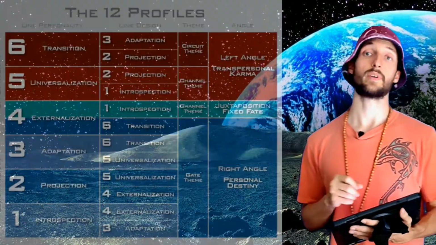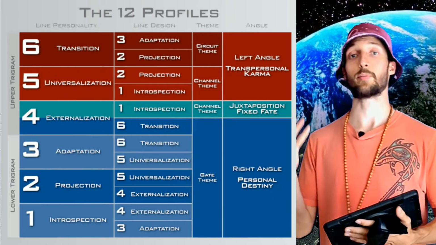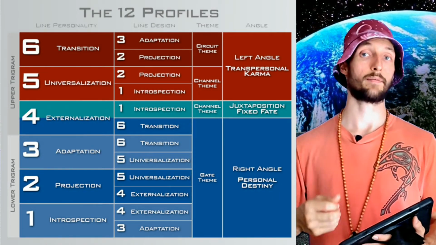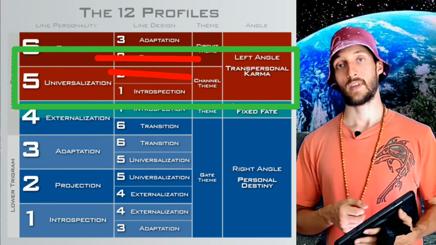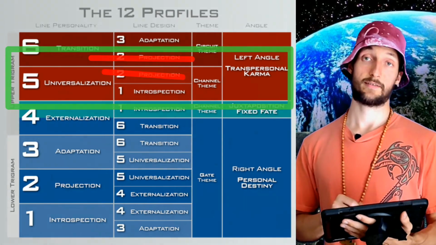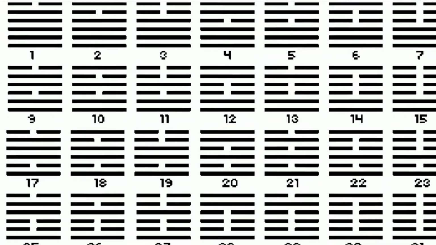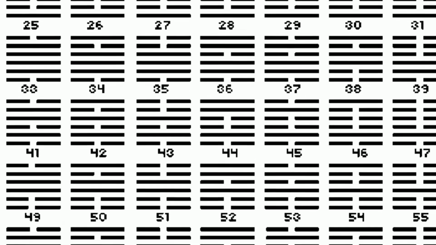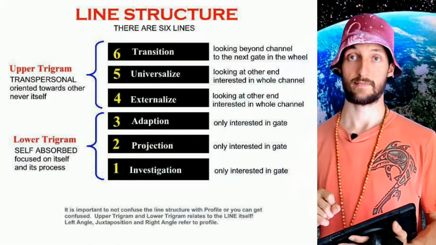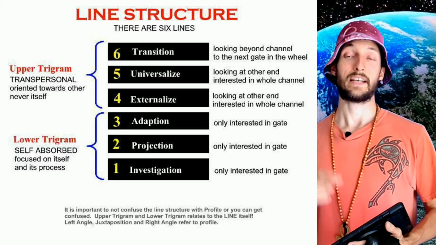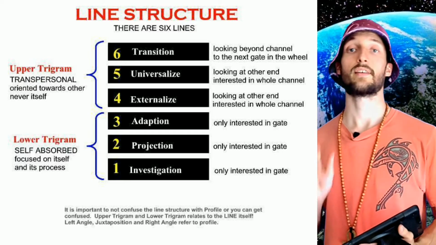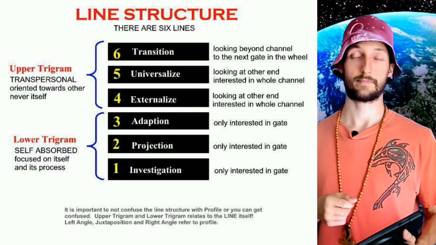Often, if we're using the term 5-1, this is because we're saying that someone has a genetic profile of the 5-1. So when we're looking at those gates, there's 64 of them, and each gate has 6 different lines. And each line is a different flavor on that gate.